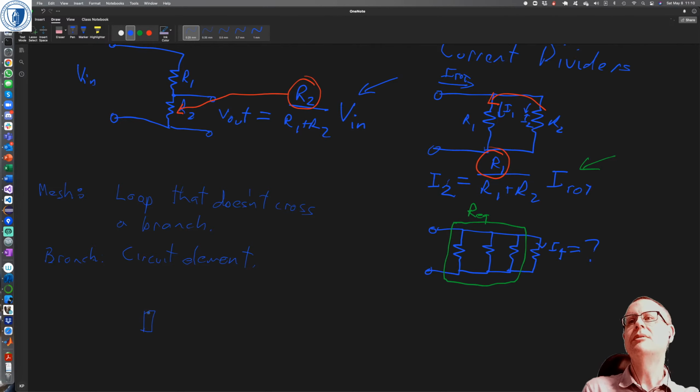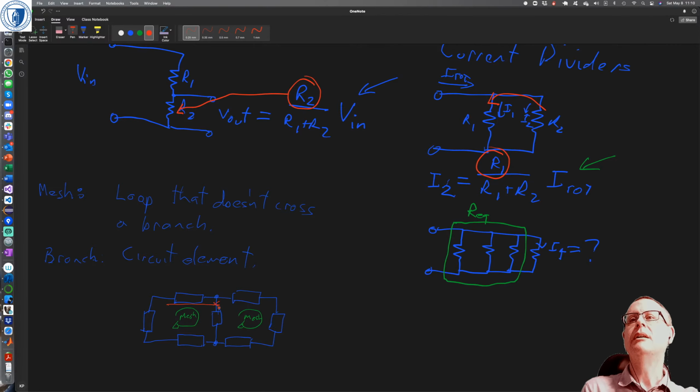Right, so if I have something like this, this is a mesh, this is a mesh, and I'll draw it on the inside so you can see where it cuts.